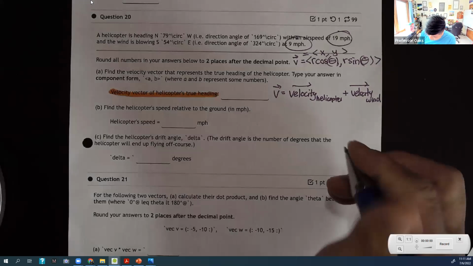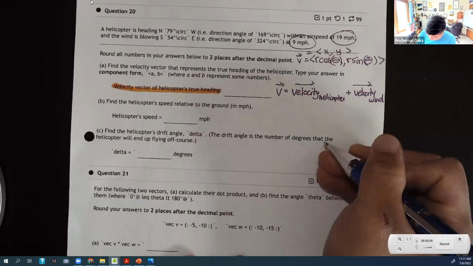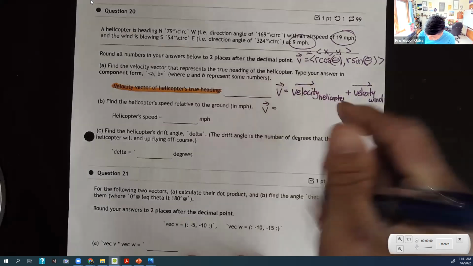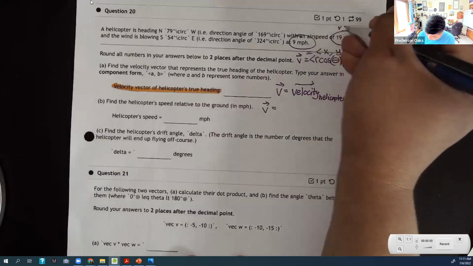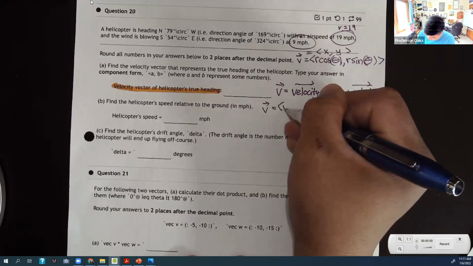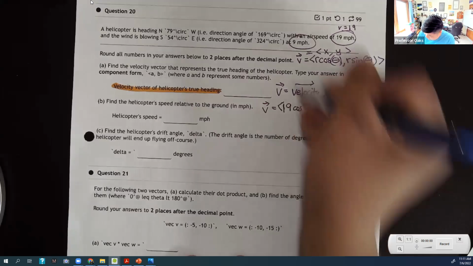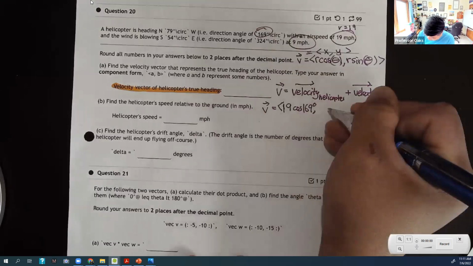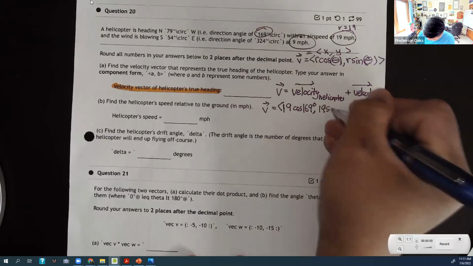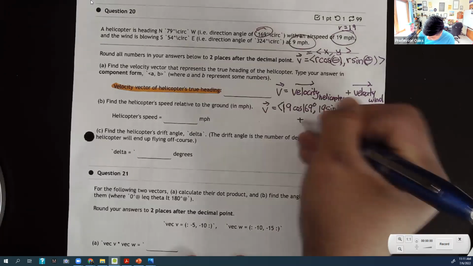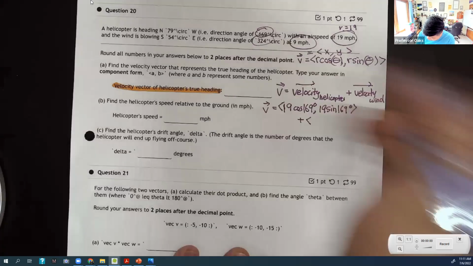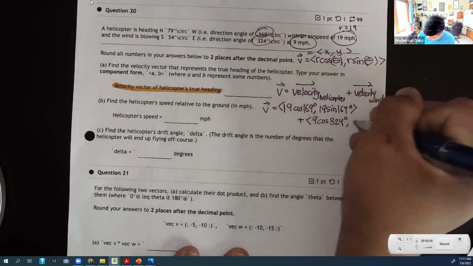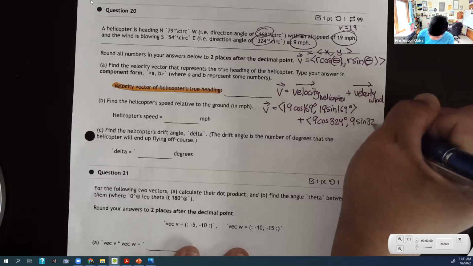If you look at this, for the helicopter, this 19 is the R. So you have 19 cosine of 169 degrees, and 19 sine of 169 degrees, and then plus for the wind, 9 cosine of 324 degrees and 9 sine of 324 degrees.